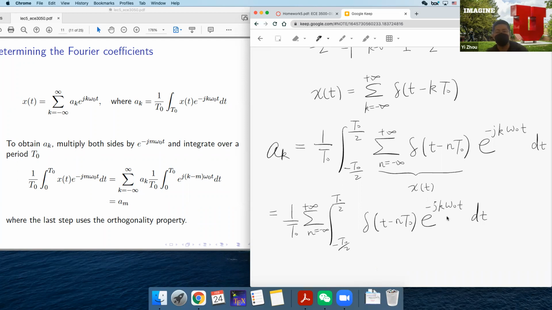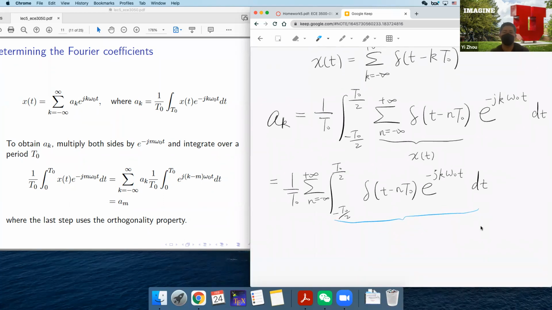So what is the next step? How to calculate this integration? Change of variable. If we do that, we can do a change of variable, and then we will have delta(t), for example, and this t becomes t minus something or t plus something.